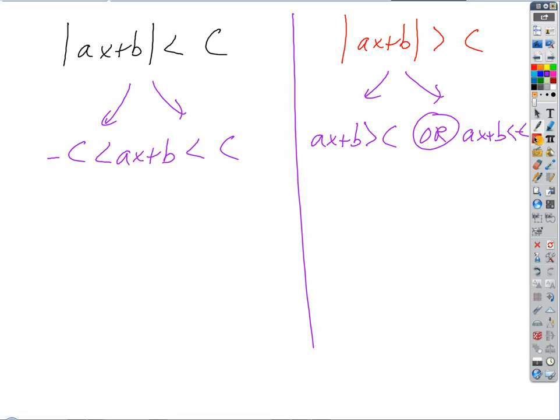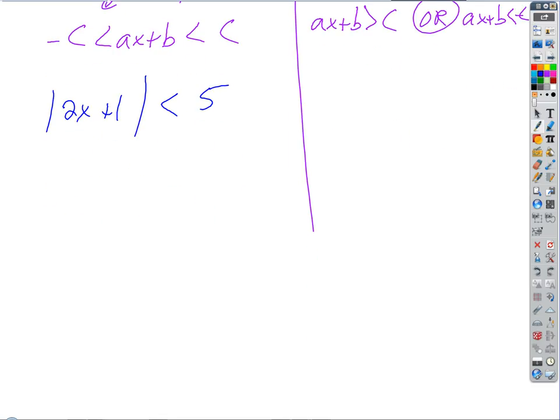Okay, so let's try an example. What if I give you something like this: the absolute value of 2x plus 1 is less than 5. I want to solve that for x. What do I do? What's the first step? I have an absolute value of something that is less than a number, so I'm just going to automatically make a certain trade.